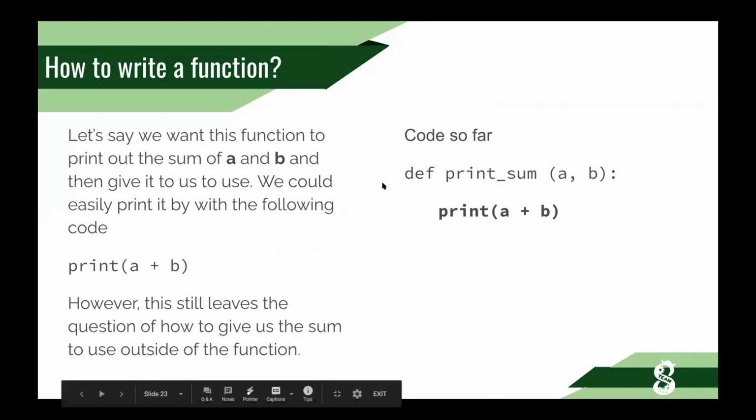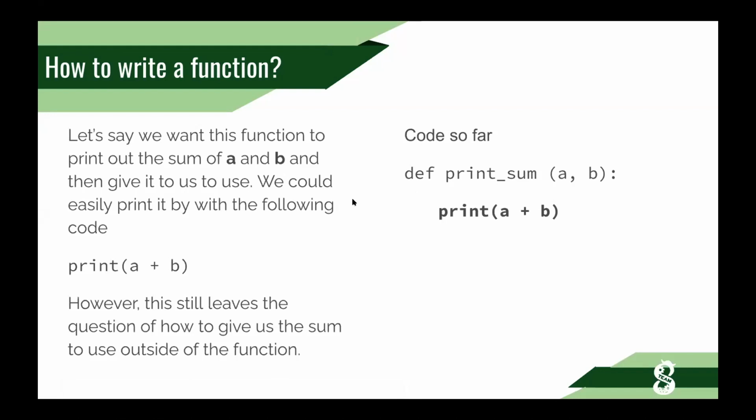So we want this to print out the sum of A and B because we call it print sum. And we want it to give it to us to use outside of the code. So we can do this really simply, the first part, printing it with the following code, print A plus B. We've already learned this. However, this still leaves us with the question of how do we get the sum outside of this function?